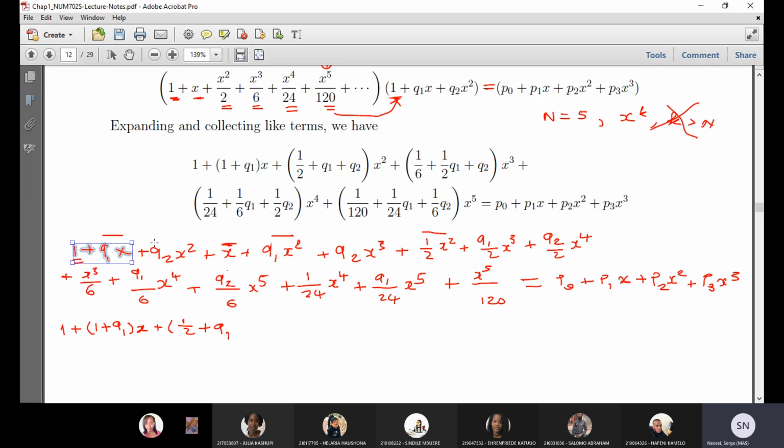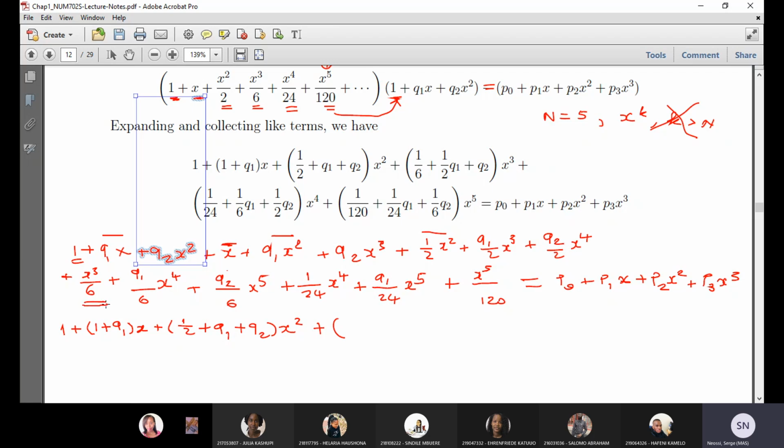Other x squared is this one, q2. Plus the coefficient in x cubed. In x cubed, we have this one. What else in x cubed?